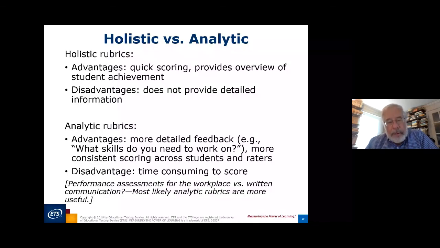With analytic, you get more detailed feedback and more consistent scoring, but the disadvantage is it's more time consuming. At the bottom, I added a note that performance assessments probably make more sense to go with analytic, unlike, say, written communication.